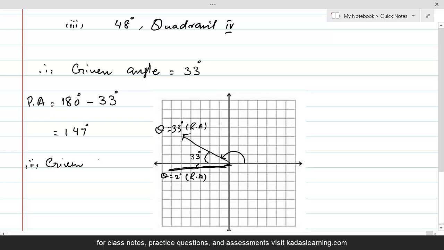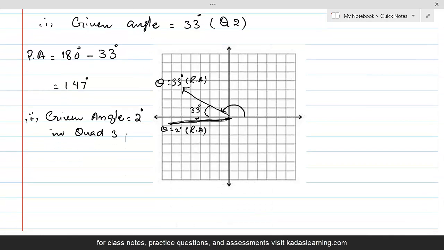Given angle is equal to 2 degrees, and because this was in quadrant 3, what would be the principal angle?